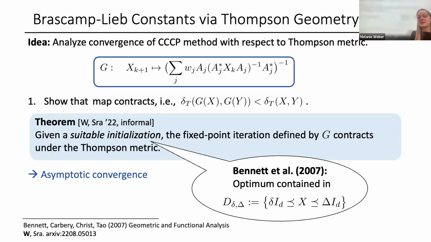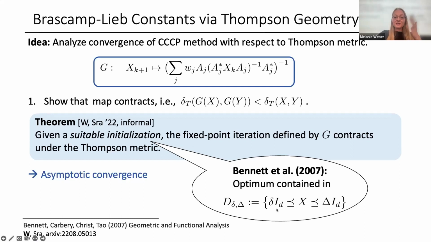So, suitable initialization. We know from a seminal paper on Brascamp-Lieb constants by Bennett et al. that the optimum introduces interval constraints, if you like, in our optimization problem, because there are some upper and lower bounds with respect to the Löwner order that one can derive.